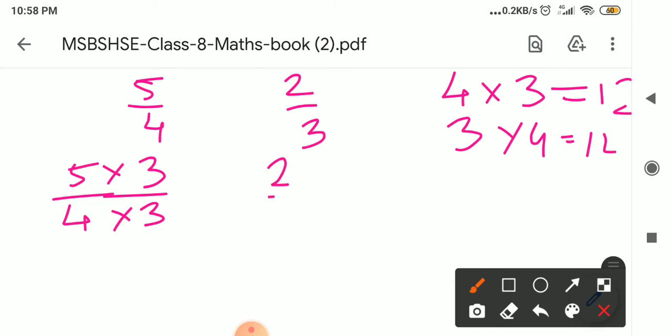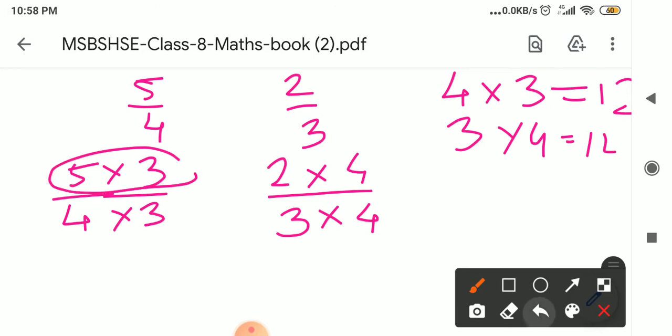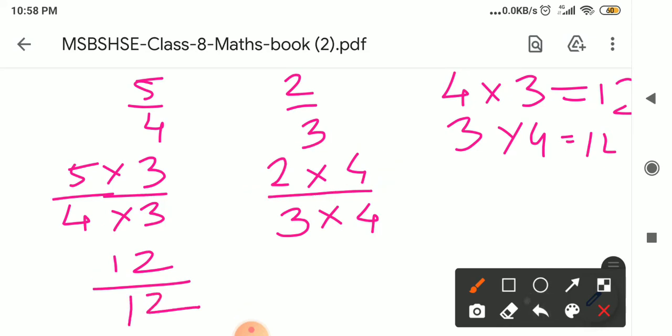In this fraction also, we have to multiply numerator and denominator by the same number, because we have to make the denominator the same. Now do the multiplication. 3 fours are 12, 2 fours are 8 upon 3 fours are 12. Now, 5 threes are 15, my mistake, sorry. So here it is 15 upon 12 and 8 upon 12.